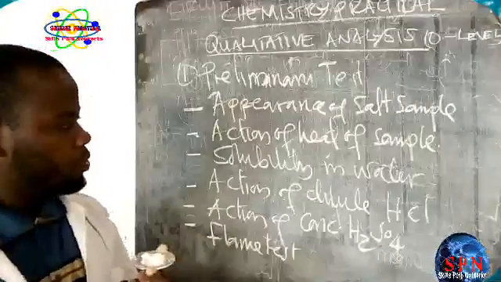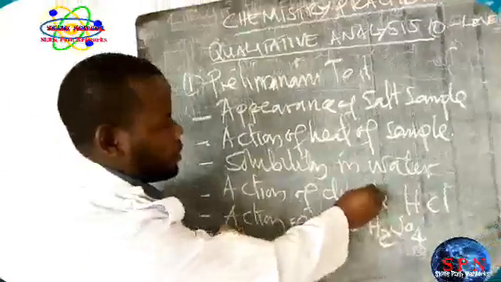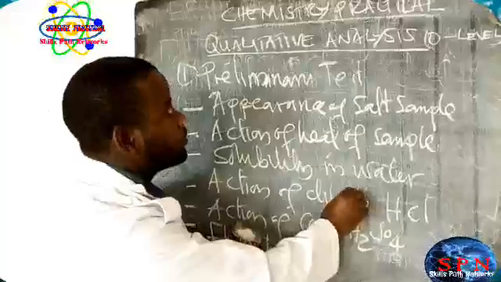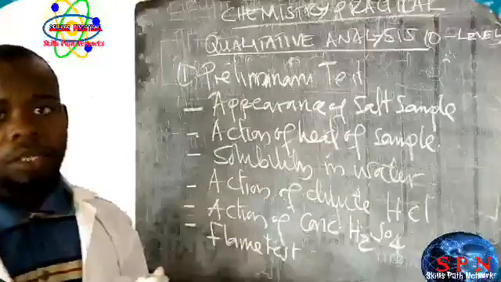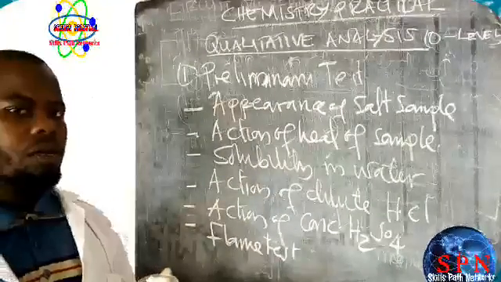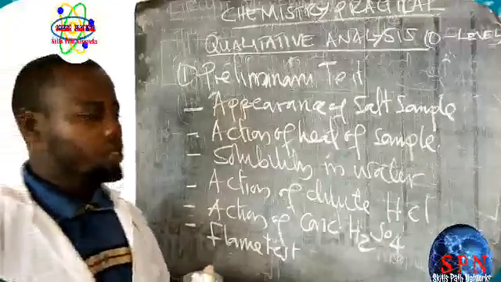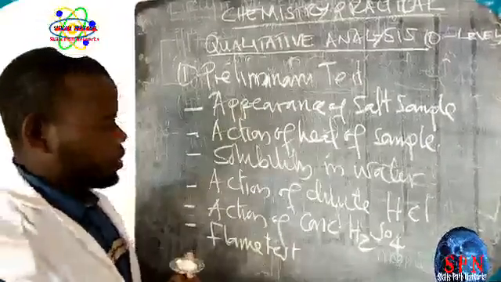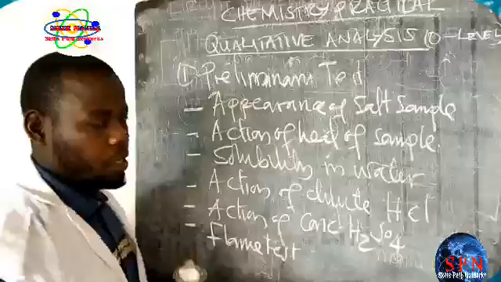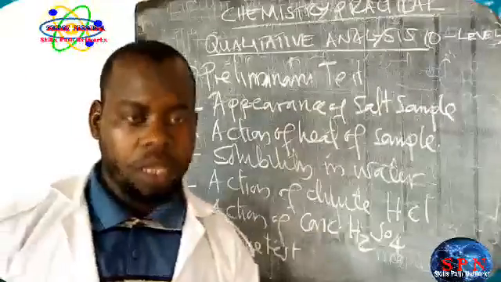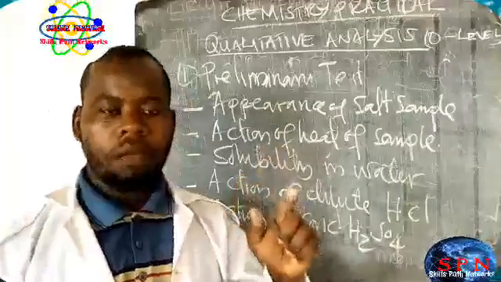For dilute hydrochloric acid and sulfuric acid, we add the acid to the salt. For the flame test, we heat it directly on a flame.